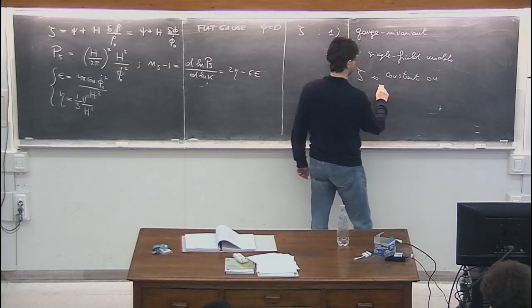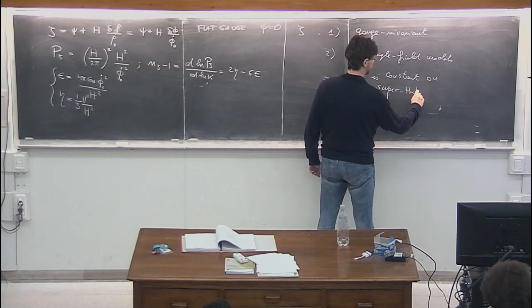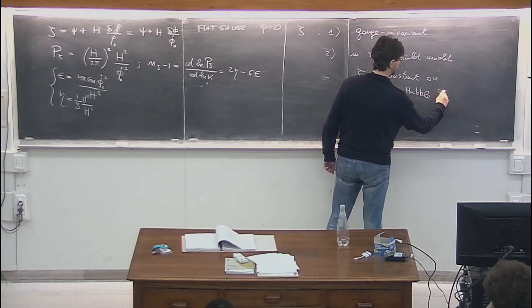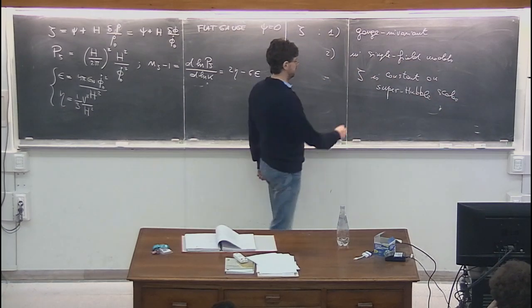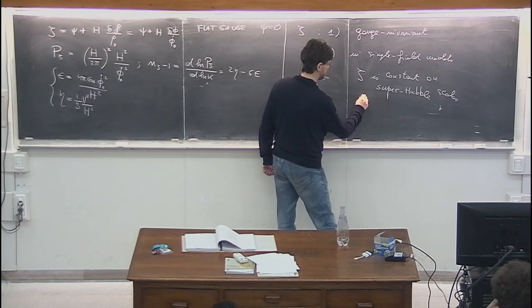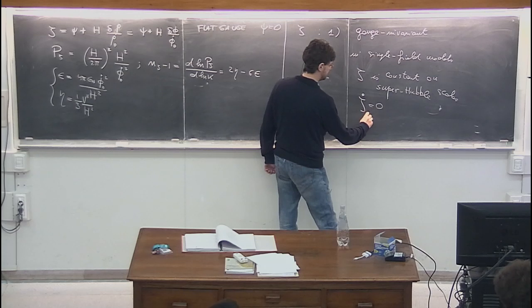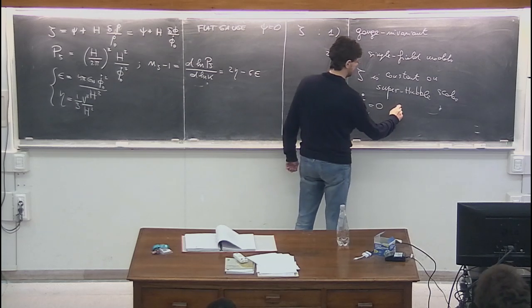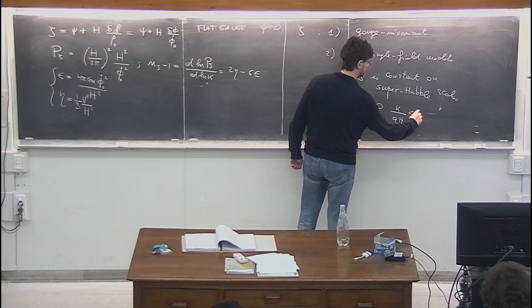on super Hubble scales. What does it mean? It means that zeta dot is equal to 0 if I take a mode, let's say k, such that k divided by aH is smaller than unity.